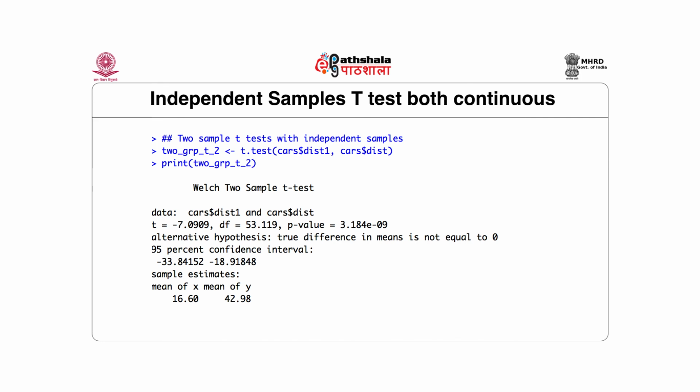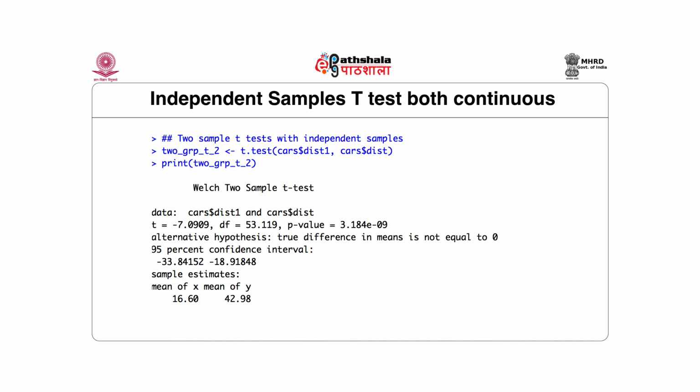different, and you can see that the smaller cars, the ones for which the variable was dist, go far longer miles, the mean of y compared with the mean of x.